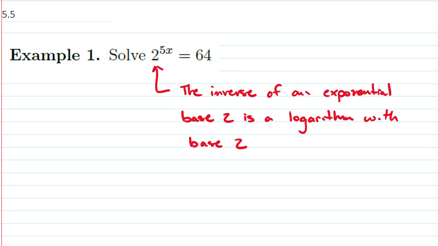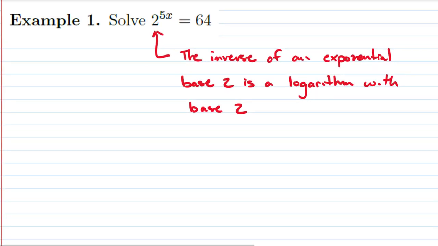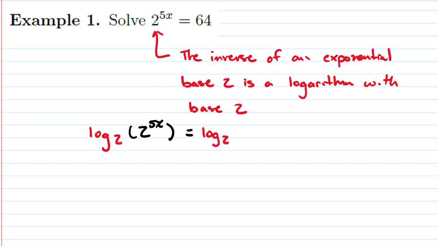So we're going to use the fundamental property of equations, which says if I do something to one side of an equation, I have to do the same thing to the other side. So I'm going to have the logarithm base 2 of 2 to the 5x is equal to the logarithm base 2 of 64.